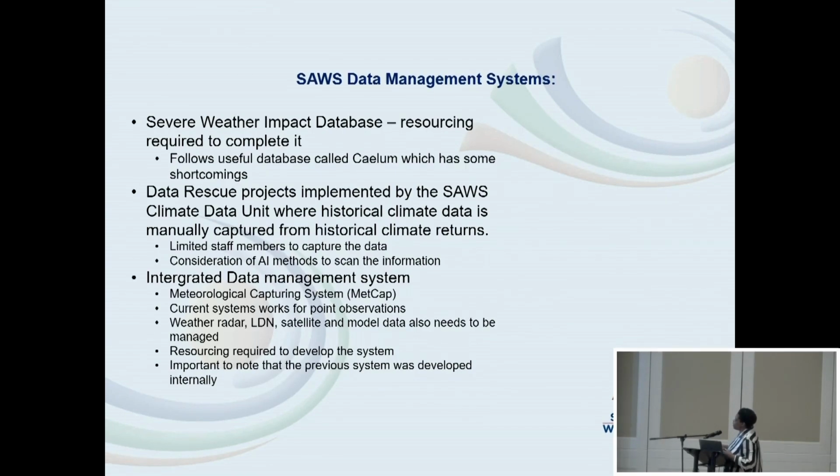We also have data rescue projects that are implemented at SAWS. As you know, we have data in hard copies, dating back to the 1800s and 1700s, that is not in the database. And that is valuable data.